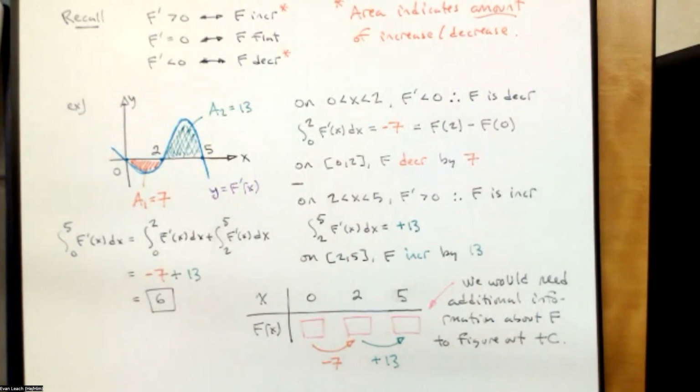If I gave you an additional piece of information about F, then we could figure out what the plus C is. Then we could figure out where everything is.